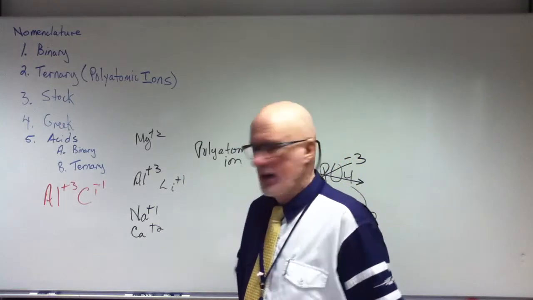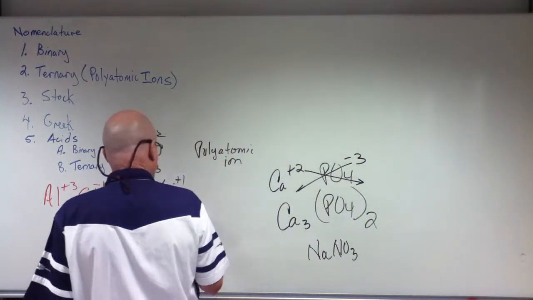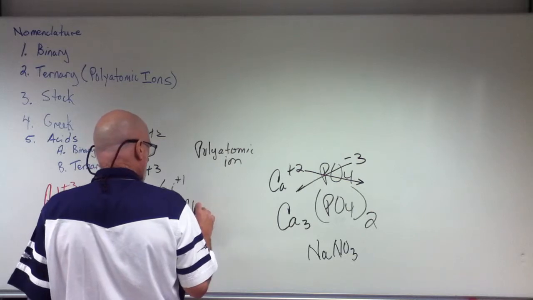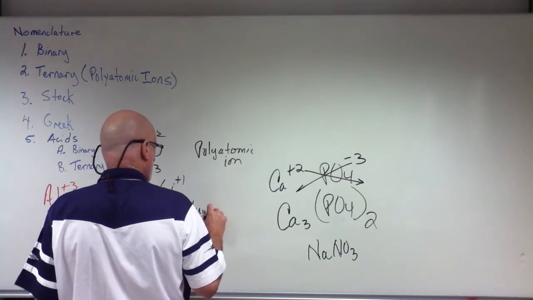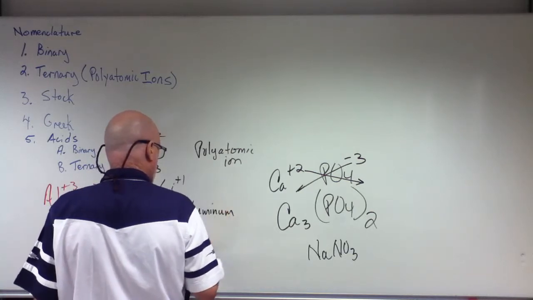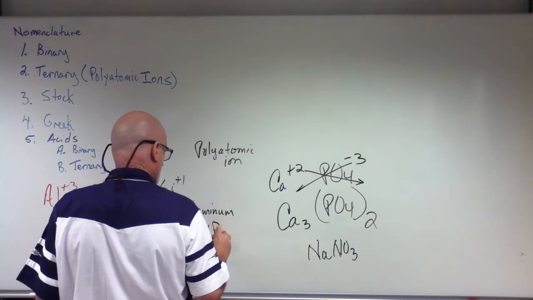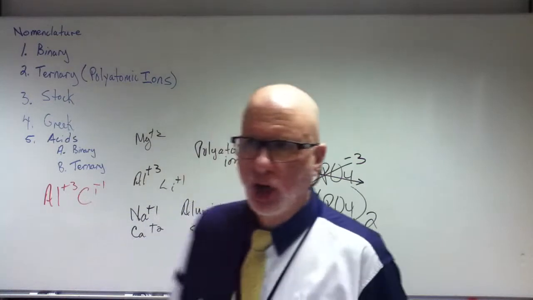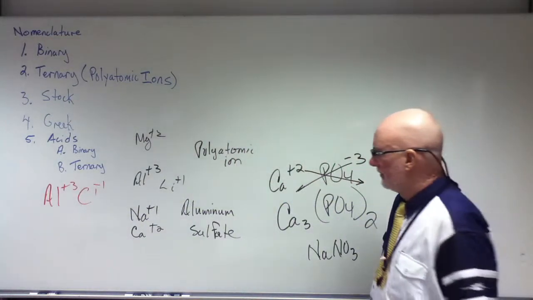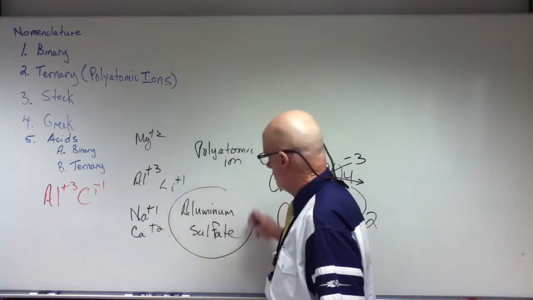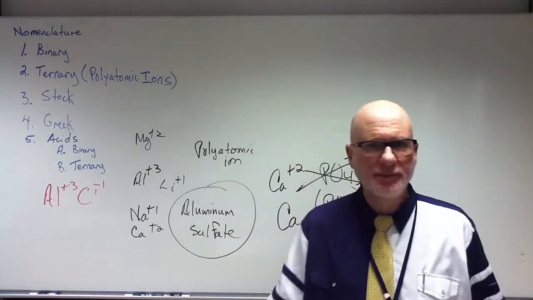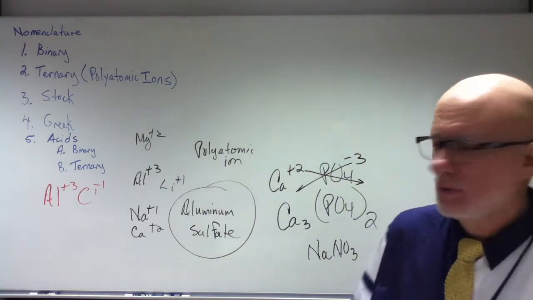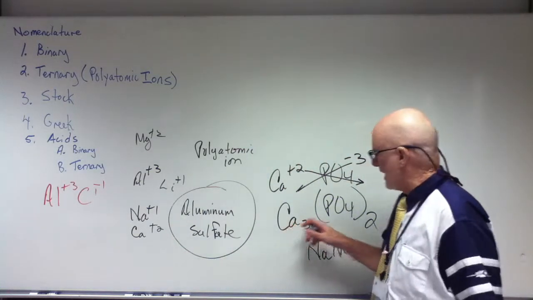Shall I give you a few like that? You ready? Okay. How about aluminum and sulfate? Do this one. What's the name? Oh, we already said the name of calcium phosphate.